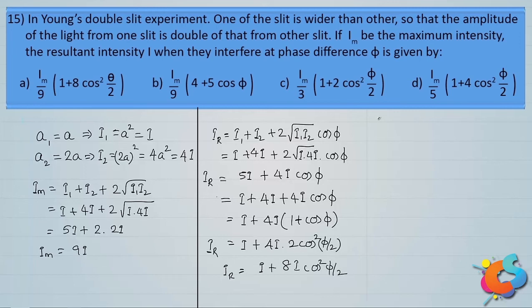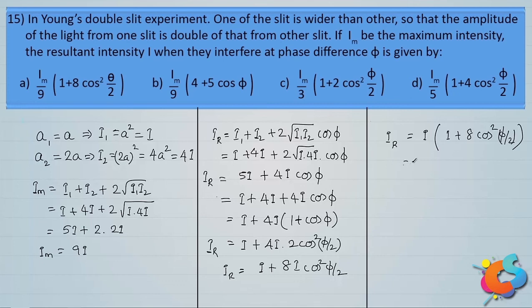Now I'll take I common. So IR is equal to, when I take I common, I am left with 1 plus 8 cos square phi by 2. But for resultant intensity, instead of writing it as I, I think you can make use of Im.